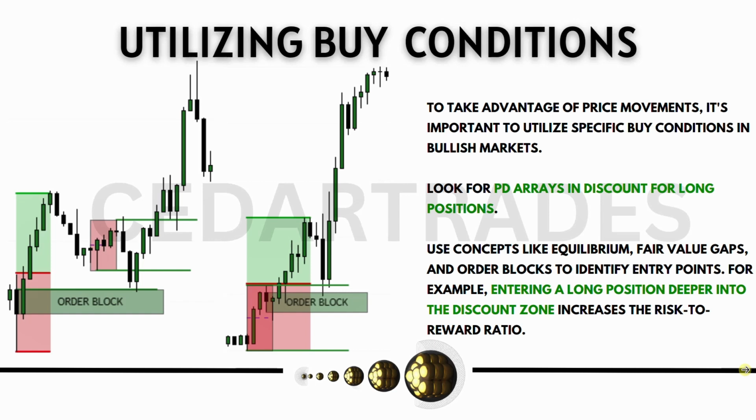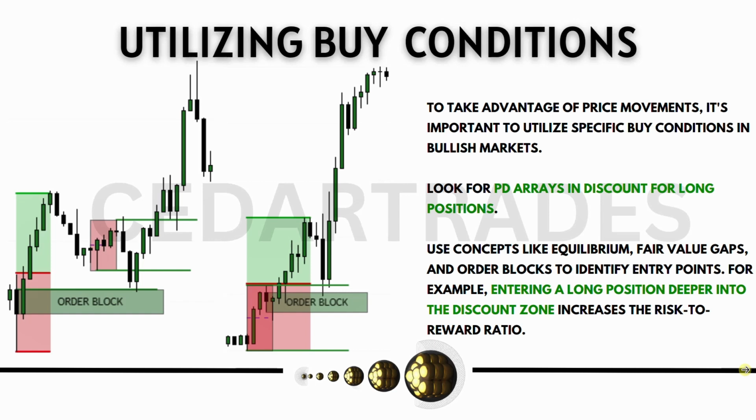Now, in these two examples right here, I'm showing both where the London goes below the Asian session low and where the London is above the Asian session highs, right? So to take advantage of price movement, it's important to utilize specific buy conditions in bullish markets.